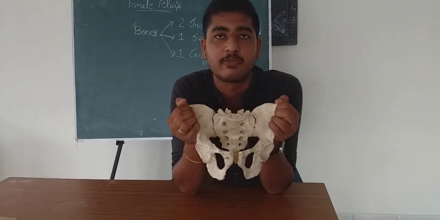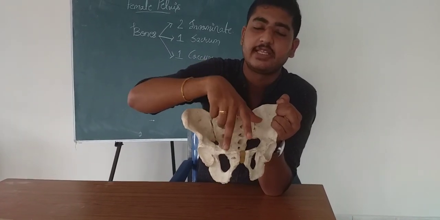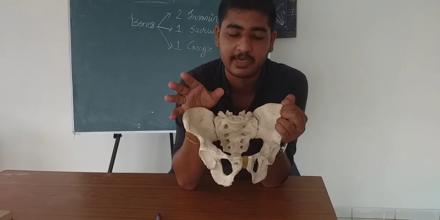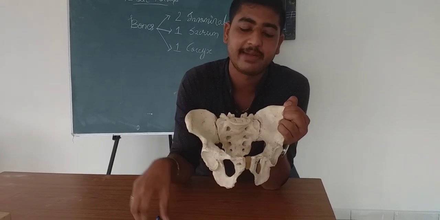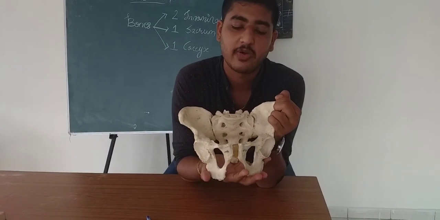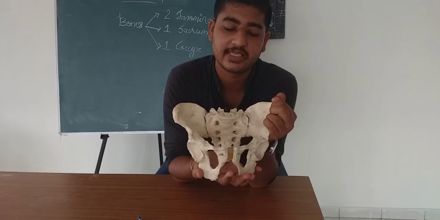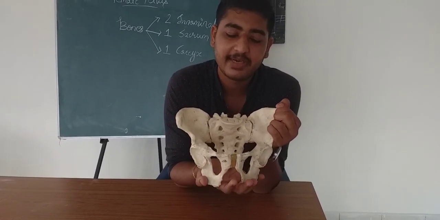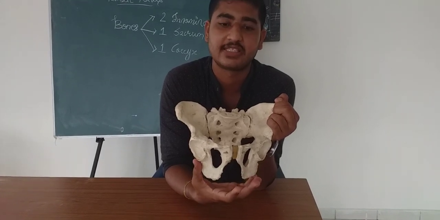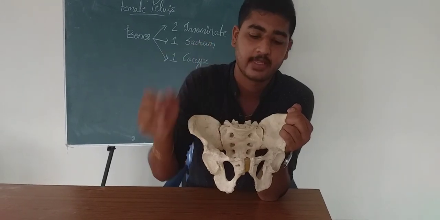It is very simple to remember: the inlet diameters for anterior posterior, oblique, and transverse are 11, 12, and 13 centimeters. In the cavity all three diameters are the same, 12 centimeters. And the outlet has exactly the opposite diameters of the inlet: the anterior posterior is 13 centimeters, the oblique is 12 centimeters, and the transverse is 11 centimeters.